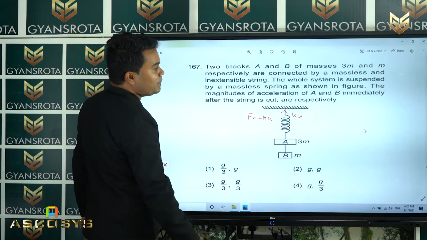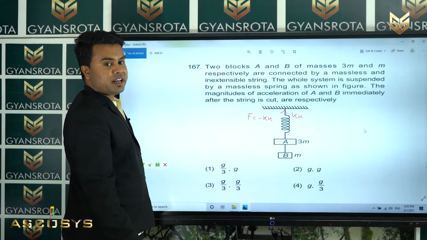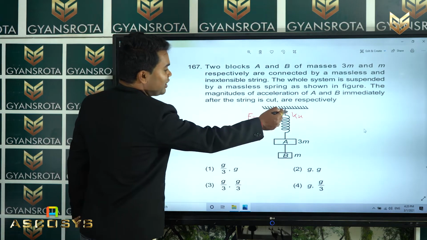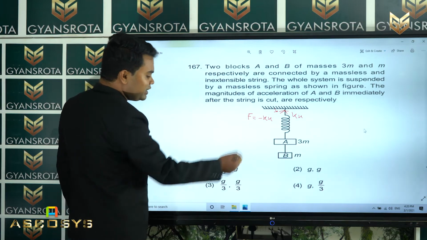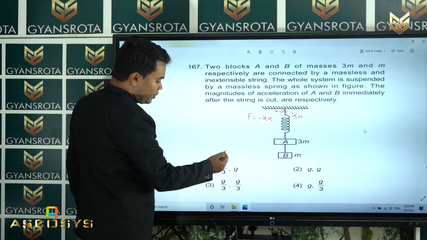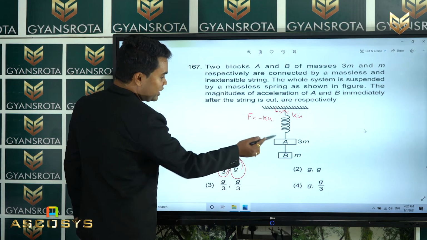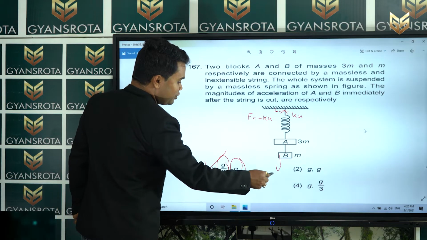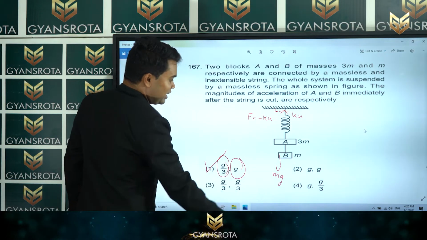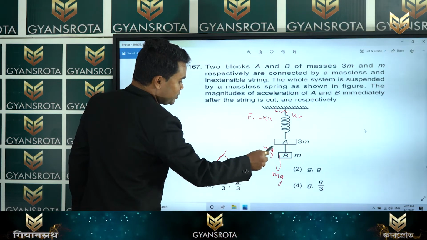The question is saying the magnitude of acceleration of A and B after the string is cut, how A and B are going to fall. If you calculate this, my dear, your answer is going to come as G by 3 for body A and G for body B, since this one is going to be mg and this one will be mg by 3, so it will be G by 3.